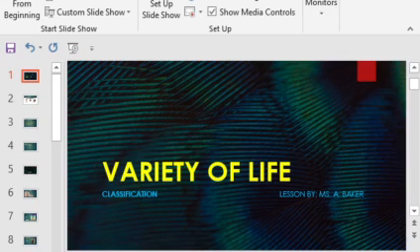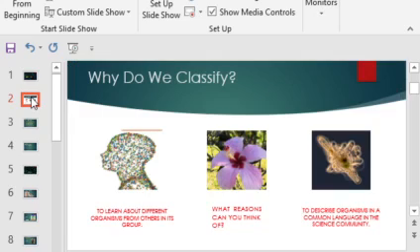But an important question here is, why do we actually classify? There are two main points I have outlined in this lesson. One, to learn about different organisms from others in its group.